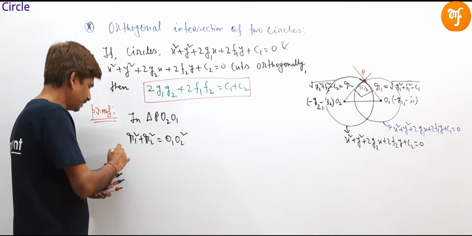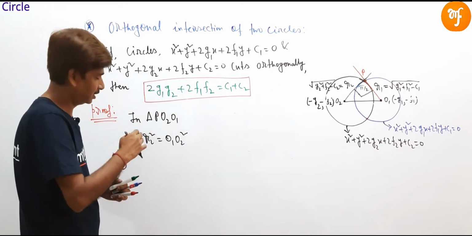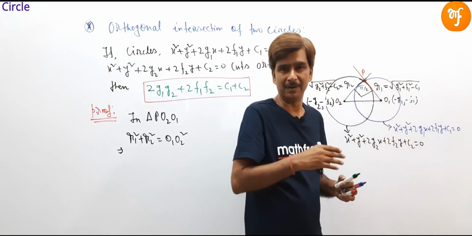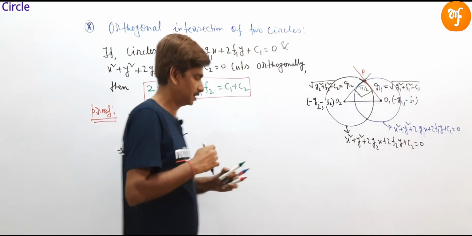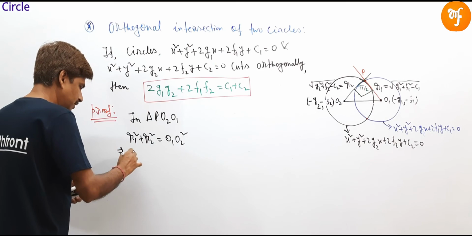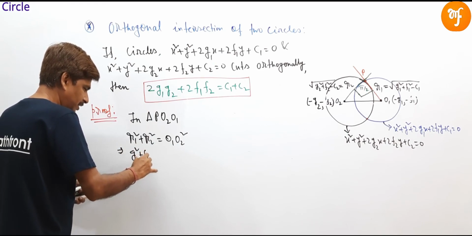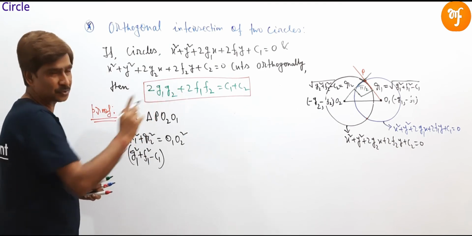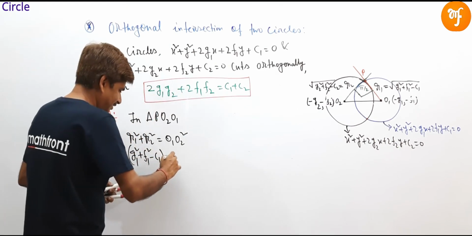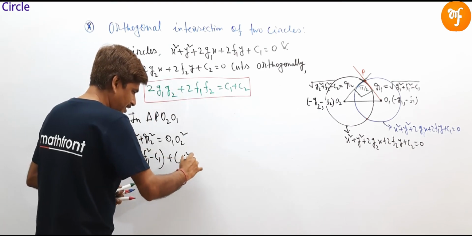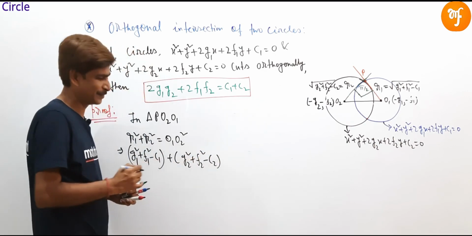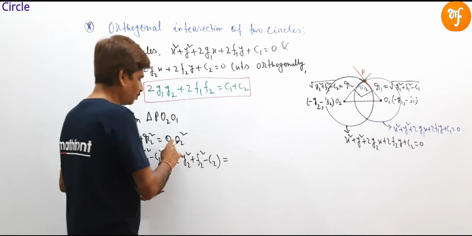Now what is the value of R1 square? Already we wrote, R1 square is g1 square plus f1 square minus c1, because the square root will vanish. So write here g1 square plus f1 square minus c1 as R1 square. Similarly, R2 square can be written as g2 square plus f2 square minus c2. Okay, this is equal to O1O2 square.